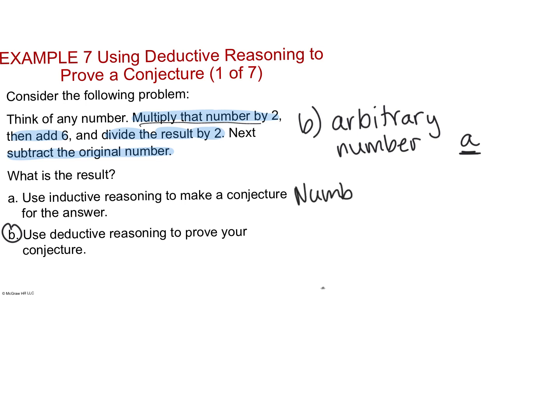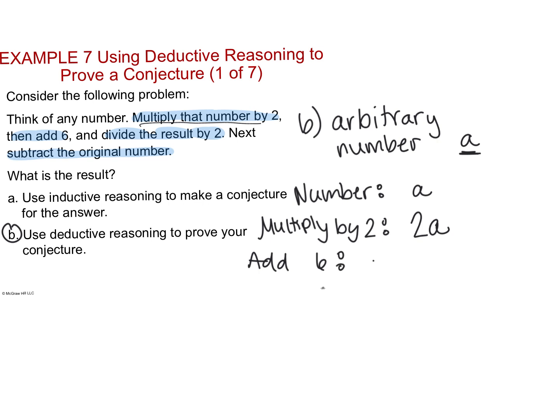So let's let our number, so we're going to go through that same process, but our number is going to be A. We're going to multiply it by 2, right? So if I do A times 2, that's just 2A. Then we're going to add 6 to it. So that would be 2A plus 6. Then we will divide by 2, right?